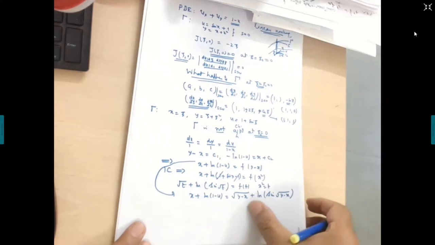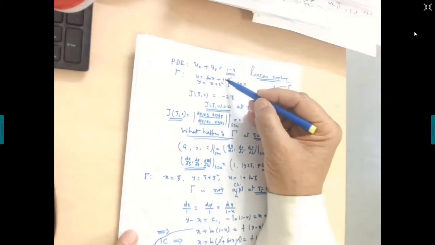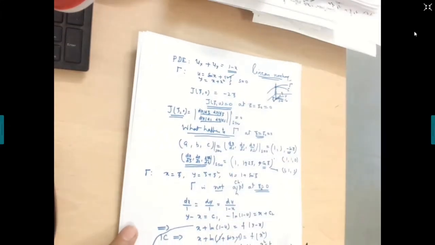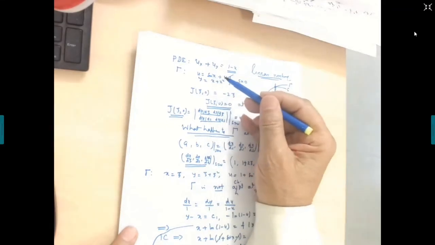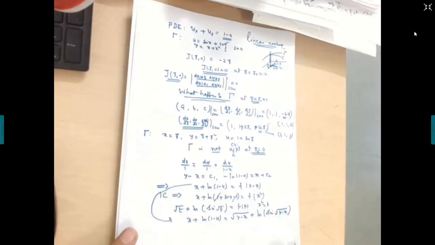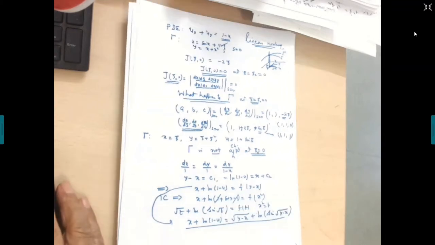In applying initial condition, it will be log of minus sin root t. But logarithm of a negative is not defined. Is that right? U is equal to 1 plus sin x?